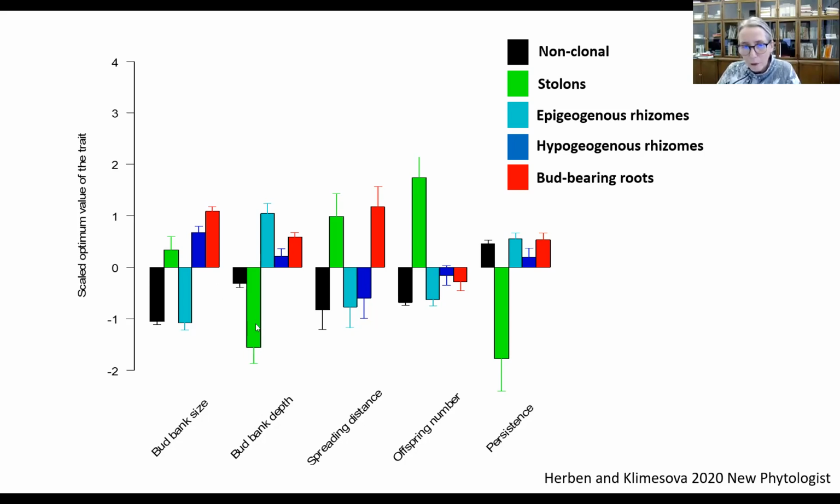Bud bank depth, of course, is very low in stoloniferous plants, where the stolons are above ground, whereas it's deep in epigeogenous rhizomes and hypogeogenous rhizomes, and bud bank size is higher in bud-bearing roots and rhizomes, whereas it is low in epigeogenous rhizomes and non-clonal plants. But we can measure these traits across these organs.